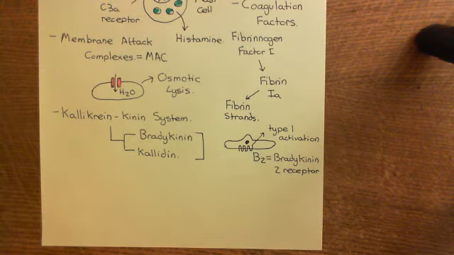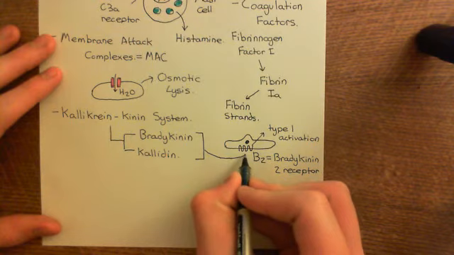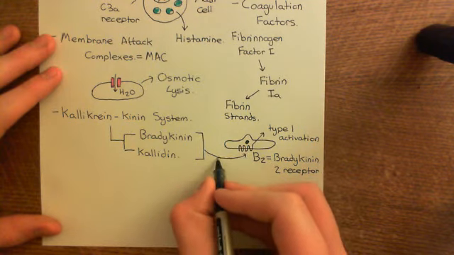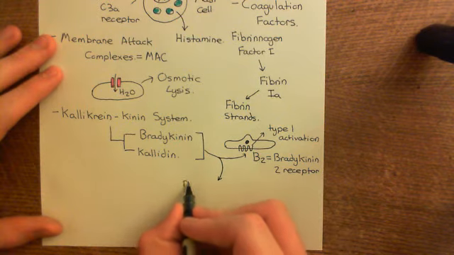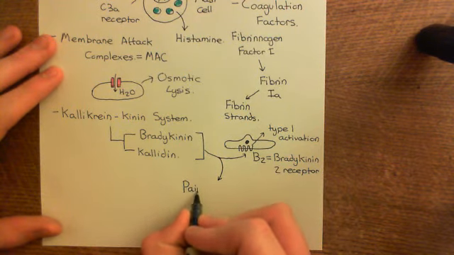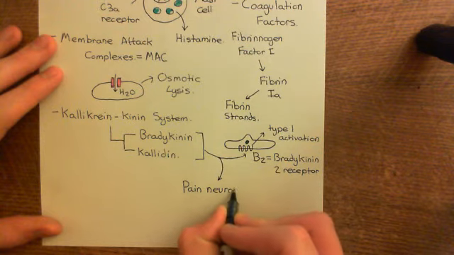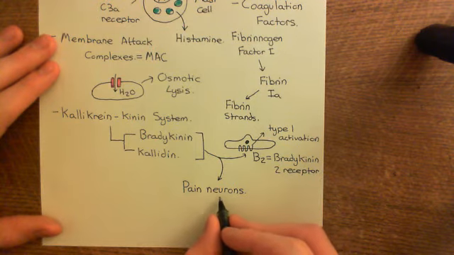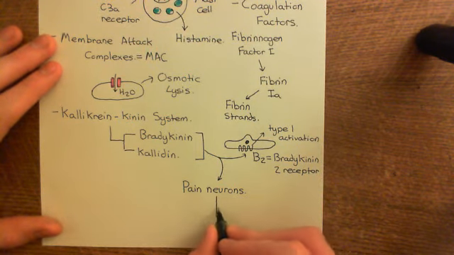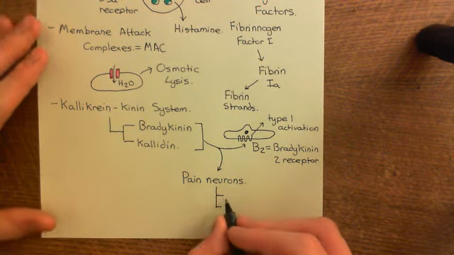The other thing these two molecules do, apart from activating the B2 receptors on the endothelial cells, is that they also activate pain neurons in the local area. They're going to trigger action potentials in the pain neurons, which will go up to the brain and trigger pain, and they'll also trigger loss of function, so you'll stop using the affected tissue.